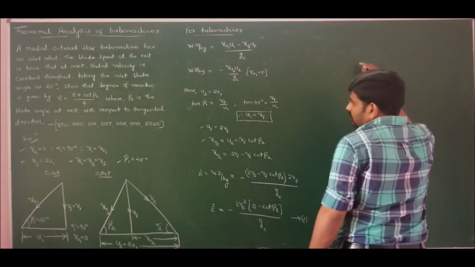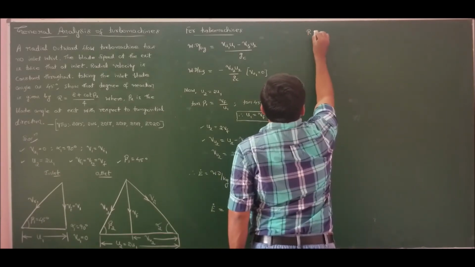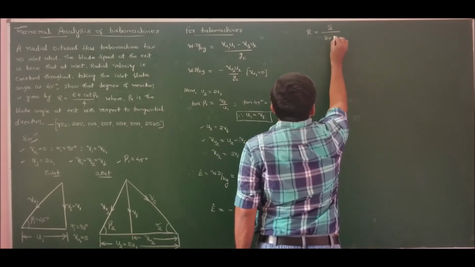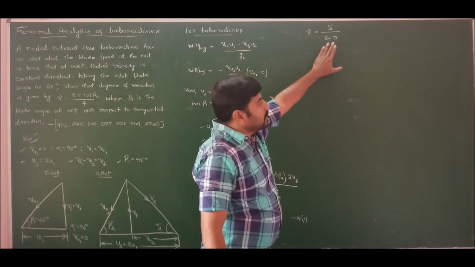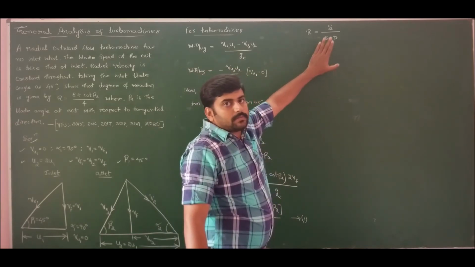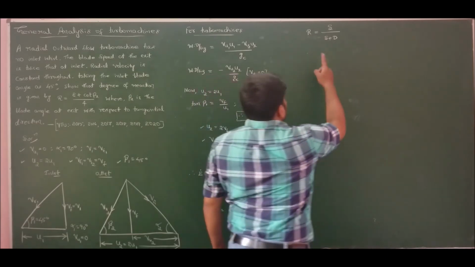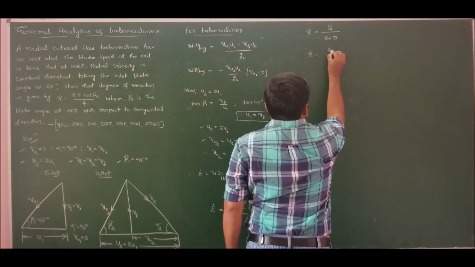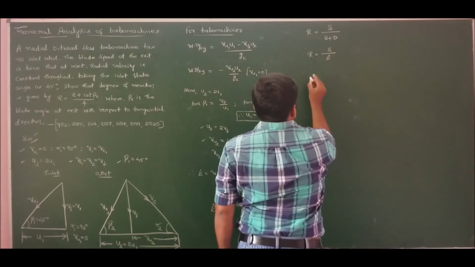So now I want to prove for degree of reaction. We know that degree of reaction R is given by the static component of energy transfer by static plus dynamic component of energy transfer. This static plus dynamic component is nothing but work done per kg or energy transfer. So R is equal to the static component of energy transfer by total energy transfer in the stage.